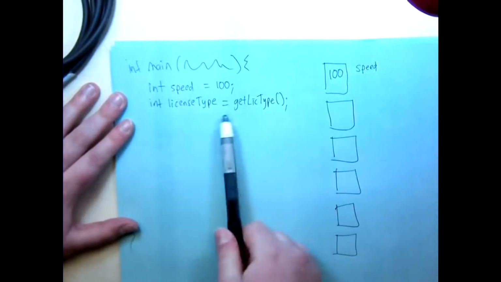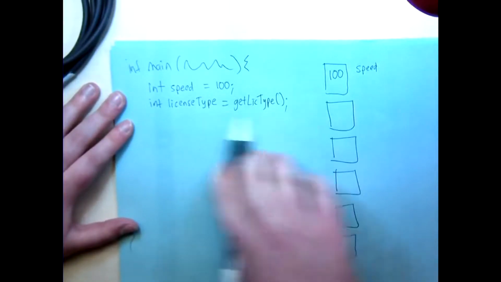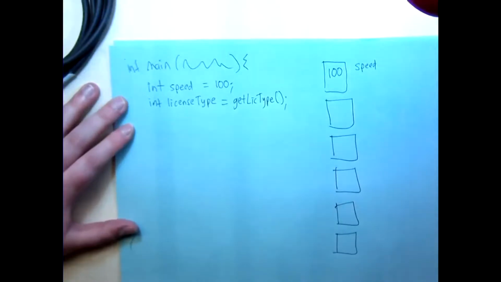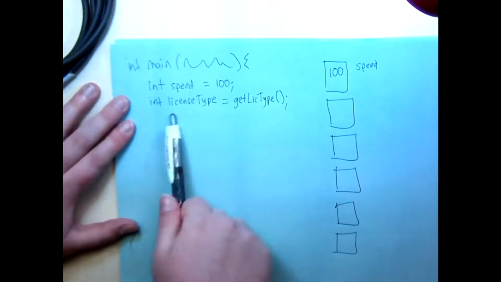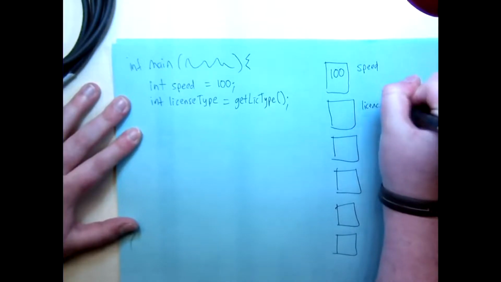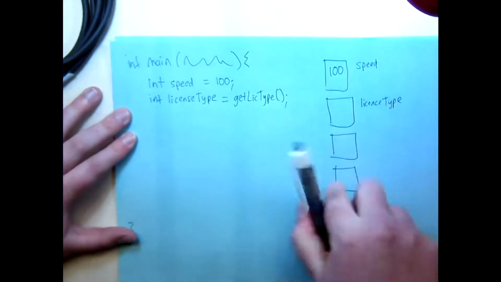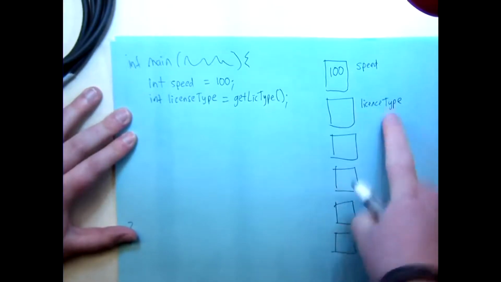And so in this case, I'm calling the get license type function. I've shortened the name because I'm bad at writing big things on paper. And so this is going to make me a box here. Or rather, it's going to take the next free box, which is this one here, and it's going to call it license type. This box is a license type.